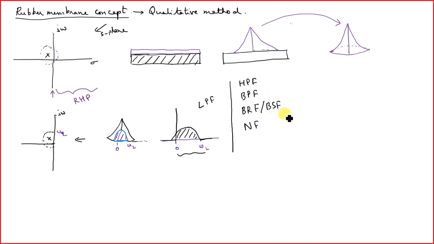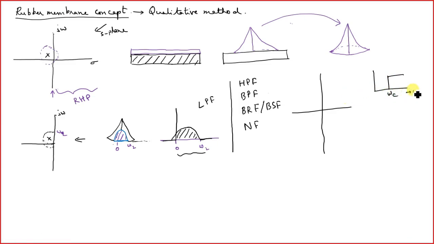Okay. So if I have to make a high pass filter, then what do I have to do? If you look into the ideal high pass filter, it should be something like this. Omega cutoff is like this.